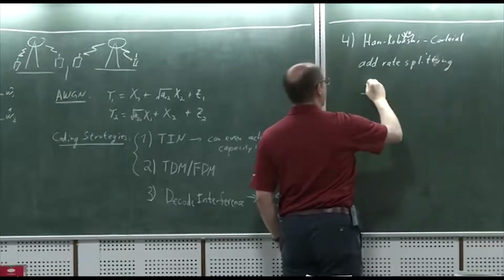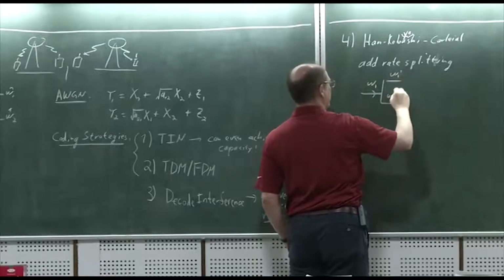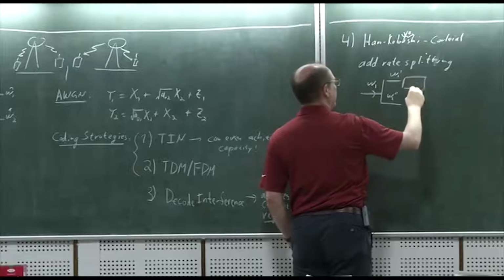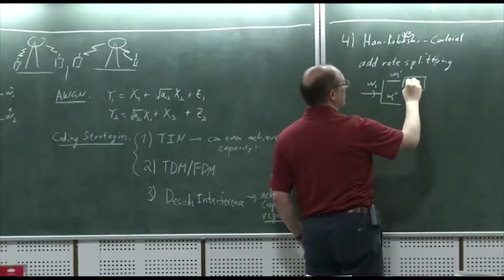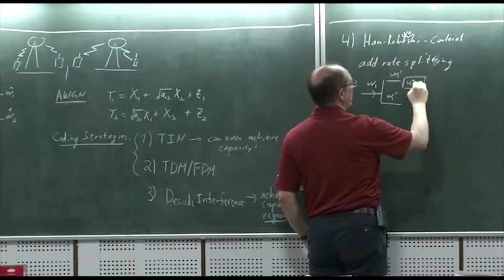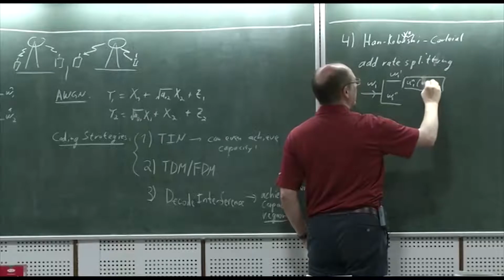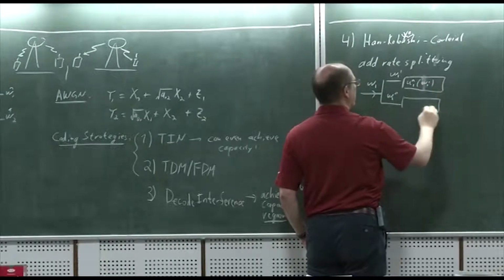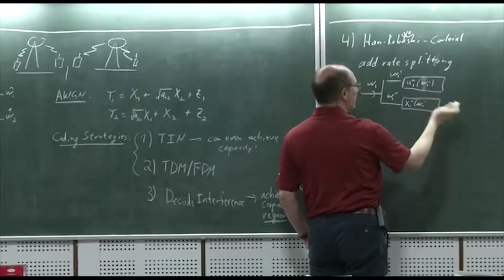So we have the message W1, split it into two pieces, W1 prime and W1 double prime. And then we used superposition coding. So what we actually did is we built up this U1^n codebook, and then we superposed on top of that the X1^n(W1', W1'') codebook.